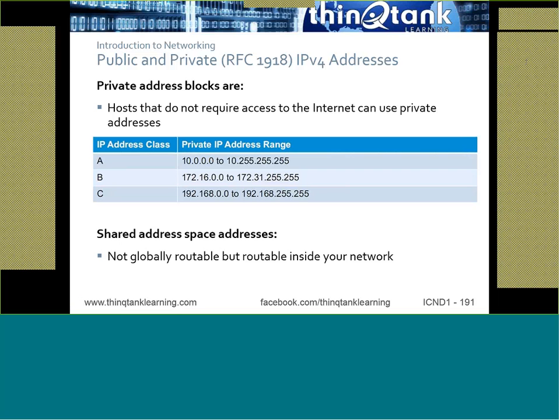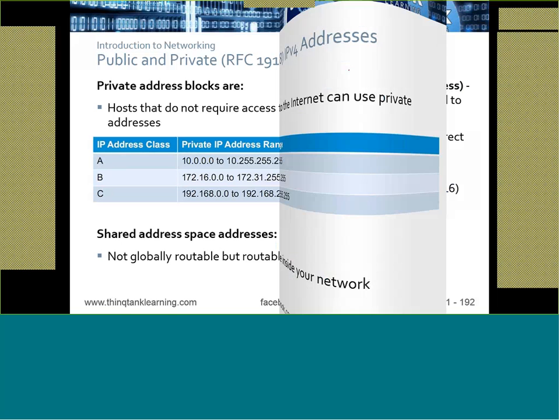But the translation has to be the address that's advertised, not the one that's physically assigned to the device. All right? Again, we'll get into the whole concept of NAT, and we'll talk about NAT in a lot of detail in a future chapter.